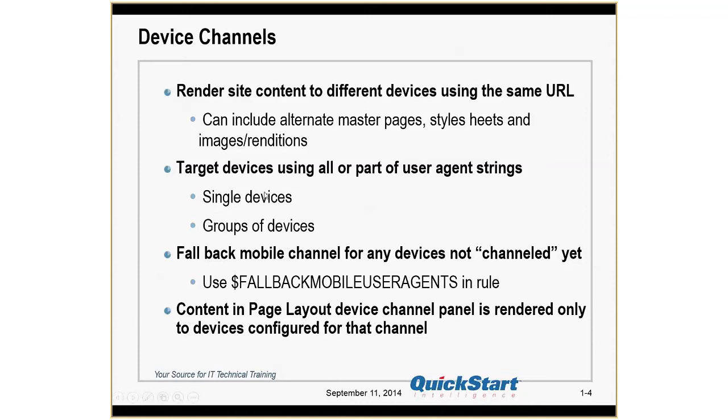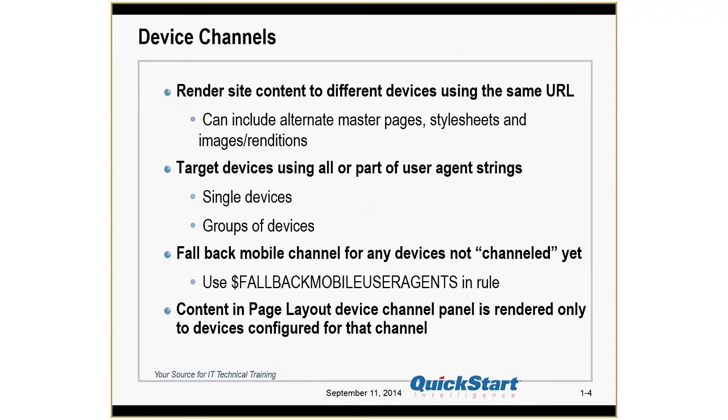So in SharePoint 2013, they've given us this thing called a device channel, where you can set up a channel, and in that channel you can specify alternate master pages. So in SharePoint, if you're not familiar, master pages control the overall structure and layout of the page that gets rendered to the user in their device.